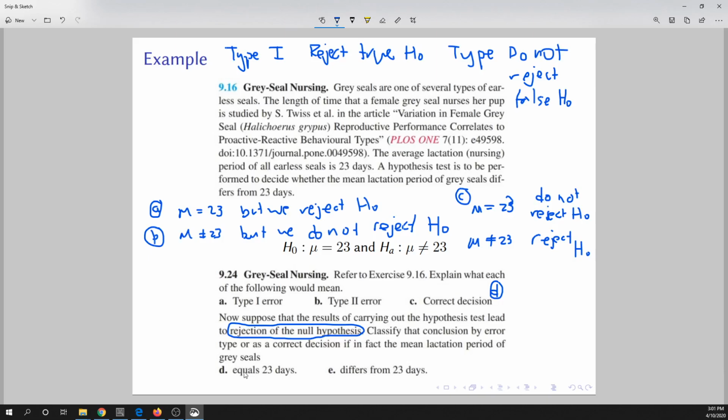All right, so for part D, they are saying this is the truth: the mean actually is 23 days. So we can compare that to our null hypothesis. Our null hypothesis was that the mean equals 23 days. So that means our null hypothesis is true. In part D, our null hypothesis was true, and what did we do? They say that we rejected it.